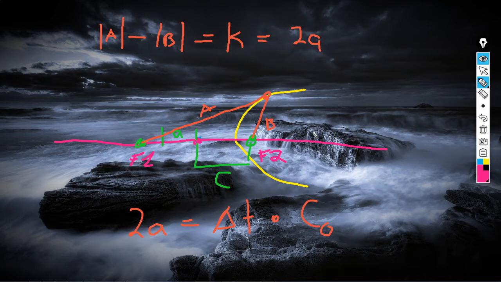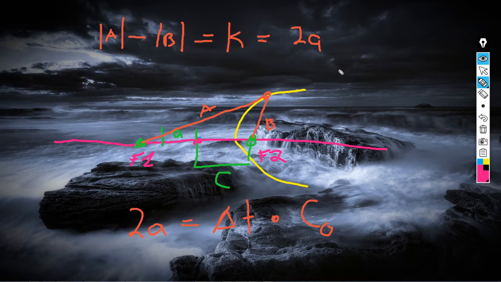So anyway, now we know that the net result of measuring delta t, knowing the speed of sound, and knowing the locations of these things is to establish these F1 and F2, which are the locations on the map, and knowing the distance between them, which is twice c, and then knowing 2a, which is simply delta t times the speed of sound.